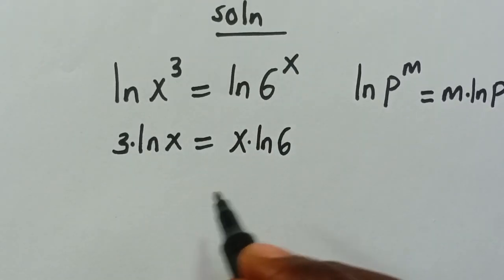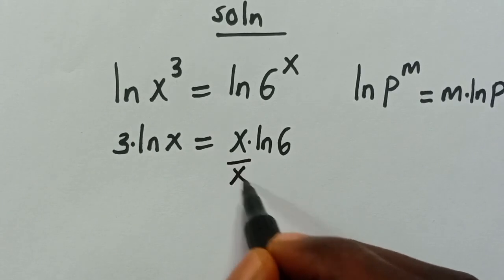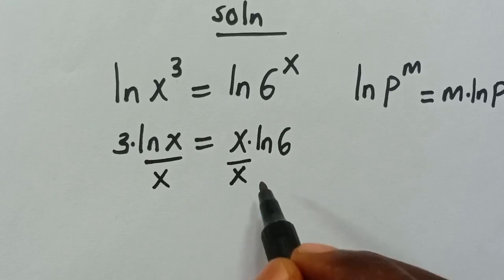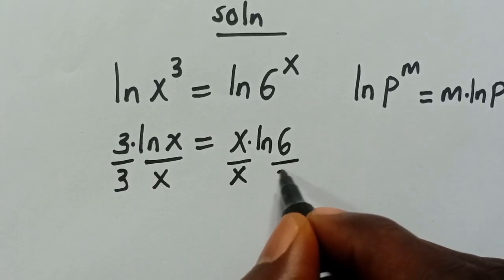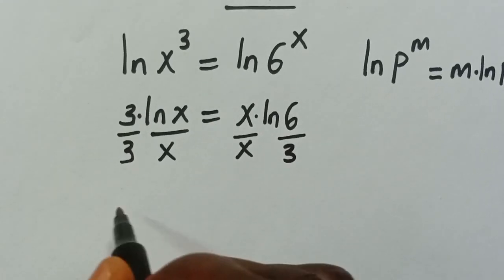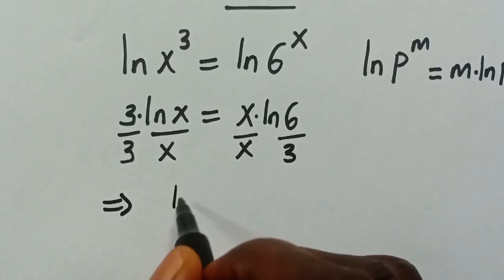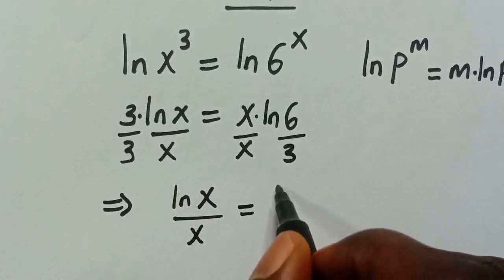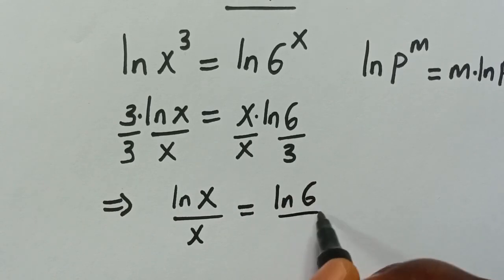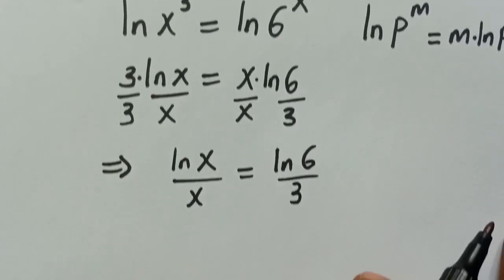So from here, let's divide through by x. Then let's divide through by 3. So from here, this will be ln of x divided by x equals ln of 6 divided by 3.